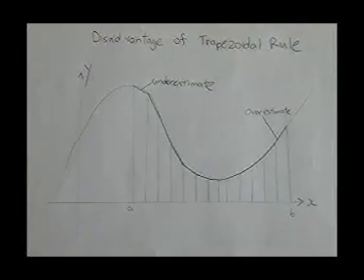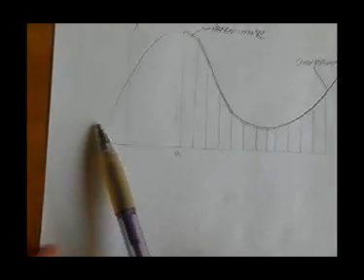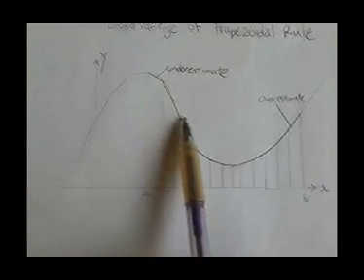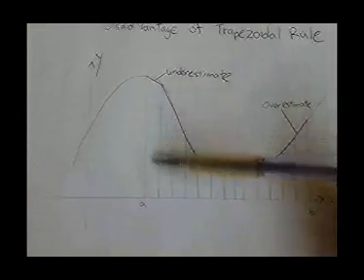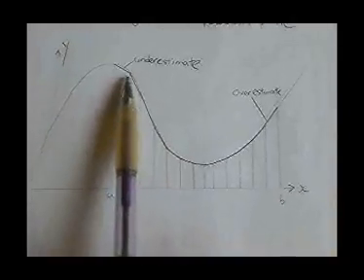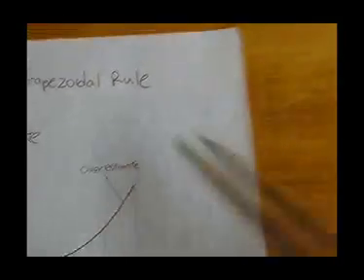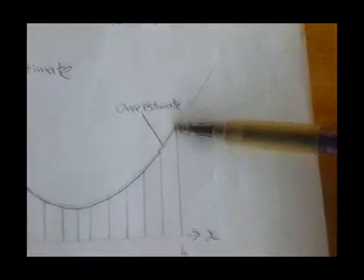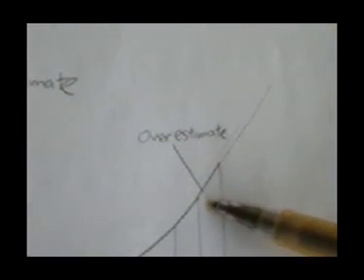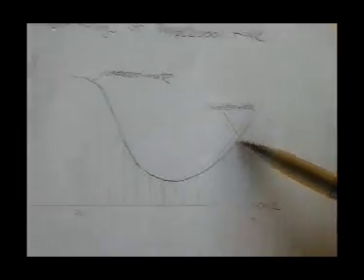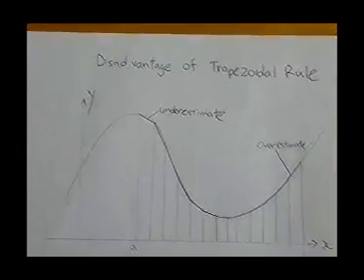The next question, discuss its advantage and disadvantage. The disadvantage of trapezoidal rule. When the curve is going up, and by using the trapezoidal rule, you will divide it into trapezium, and therefore there will be an underestimate of the curve, whereas when the curve is going down and we use the trapezoidal rule and divide it into trapezium, there will be an overestimate, and this is the disadvantage of trapezoidal rule.